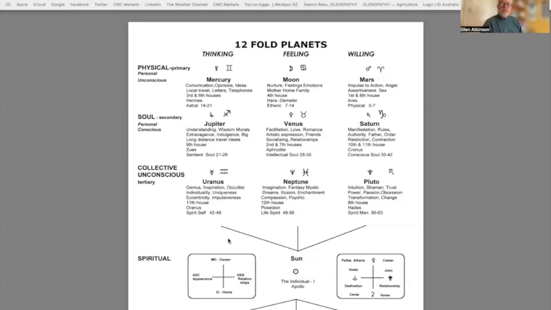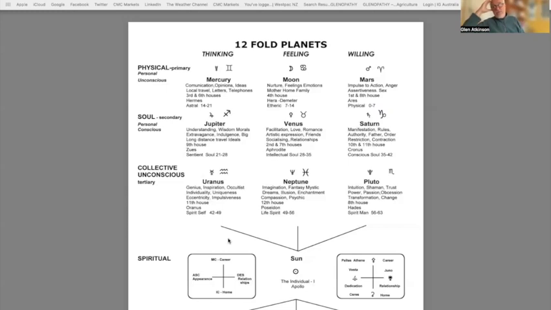And then, of course, the next level is where we're interacting with the whole of humanity. And so the thinking, but this is also the collective unconscious. So these are all the thoughts and feelings that are embedded in the world energetic field. So this is the energetic body of the Earth.